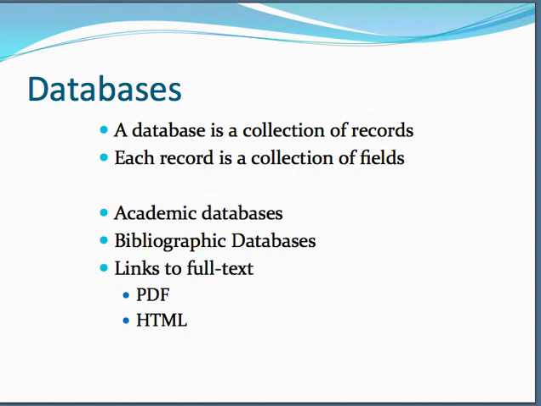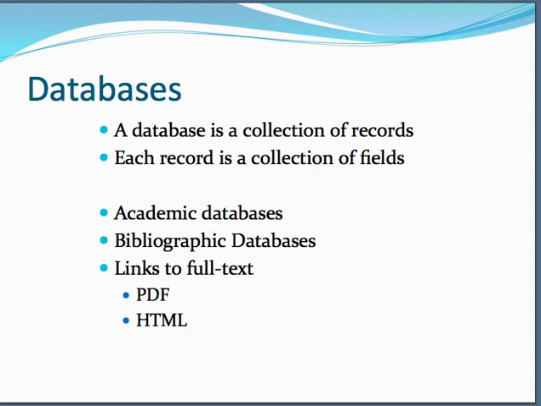What types of databases do we have? We have academic databases. We have bibliographic databases that may or may not be academic. And we have links, and that will depend on the type of access that your library has. We may have links to full text or only to the citation and probably an abstract. But that also depends on the type of access and how much the library is investing in getting that access.